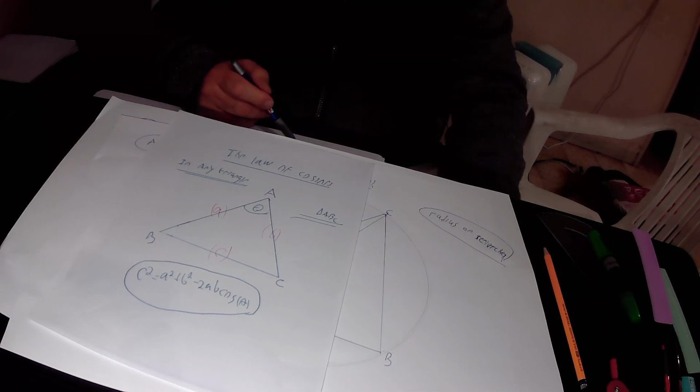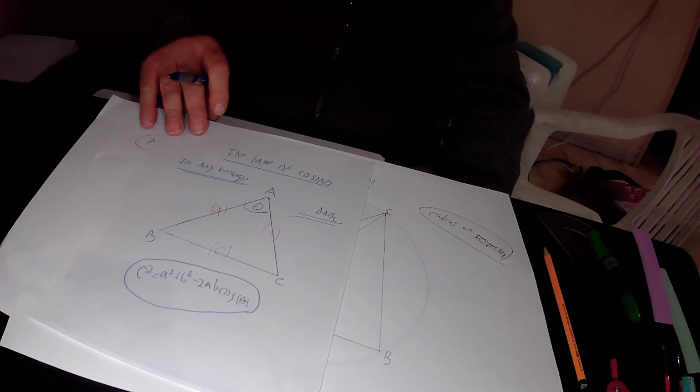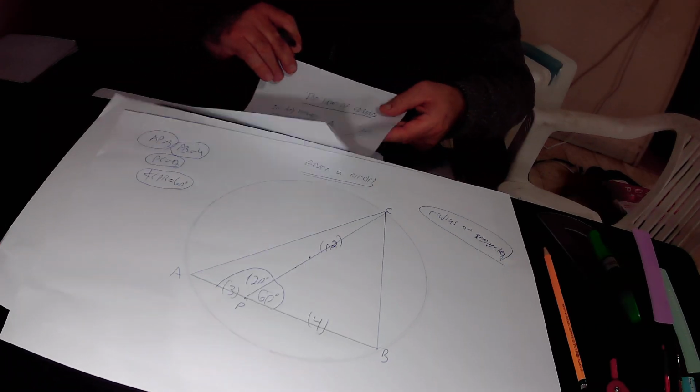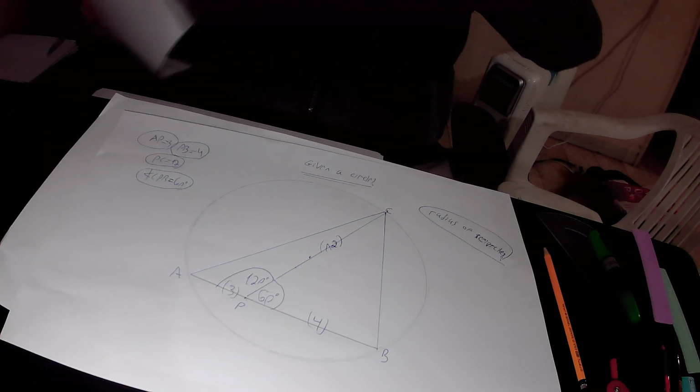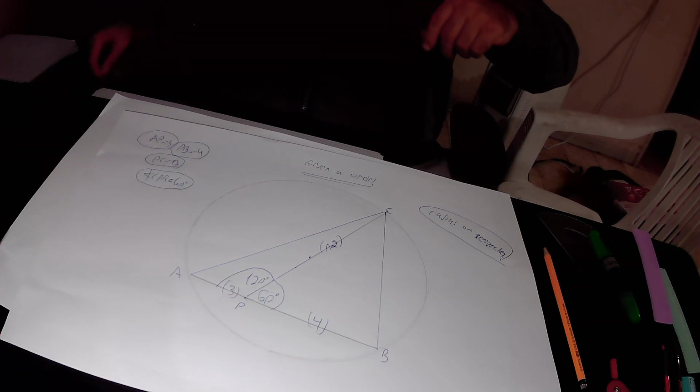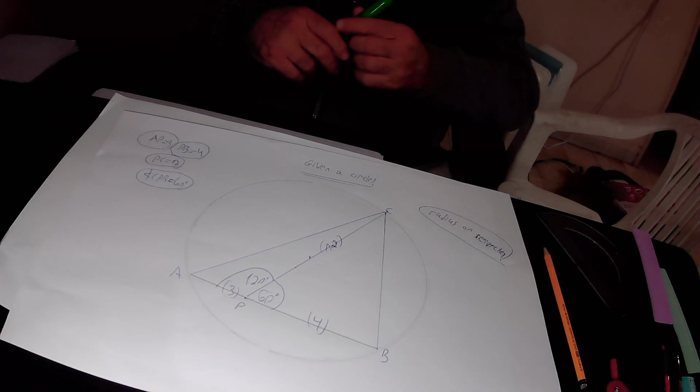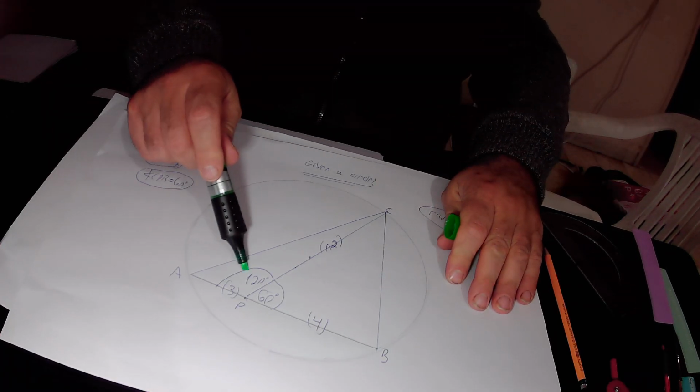So we can implement the law of cosines in this triangle APC. And again, we will implement the law of cosines in this triangle APC.